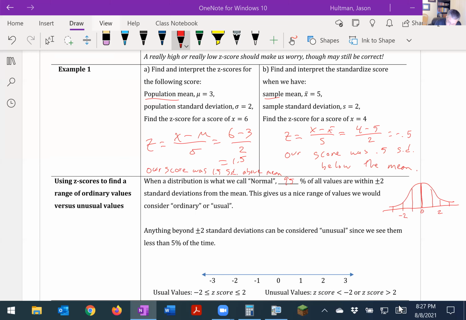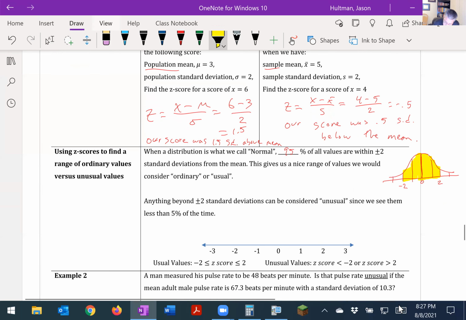95% of the scores, which is going to be this area here, is between +2 and -2 standard deviations. Okay. This gives us a nice range of values that we would consider ordinary or usual.